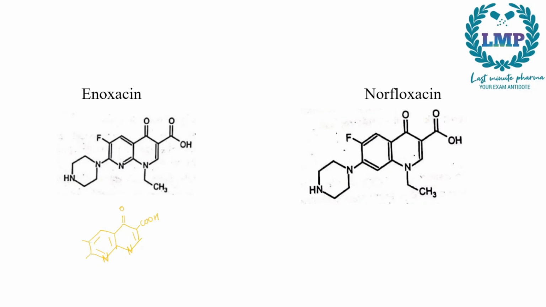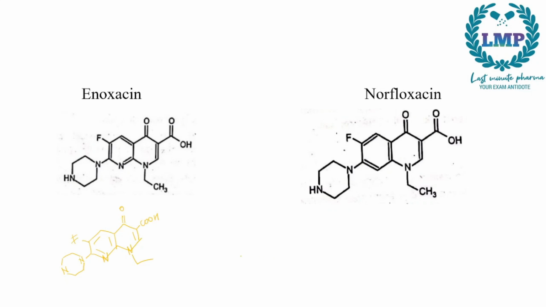And then here we will give a C2H5. What is the difference between enoxacin and nalidixic acid is, here there would be a piperazine ring. That is a 6-membered ring with 2 nitrogens on opposite sides. And here in the C6 position, we will give a fluorine group. So this is your structure of enoxacin.